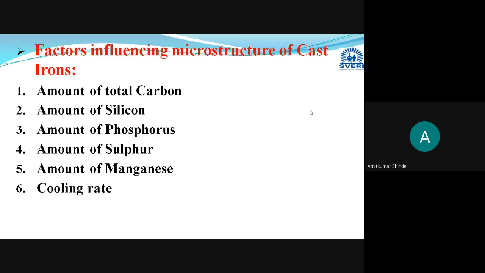And then sulfur and manganese, they will act as the carbide stabilizer, or the element which promotes the formation of the cementite. As sulfur and manganese amount increases, formation of cementite increases, hence the amount of white cast iron will be more when sulfur and manganese amount increases.